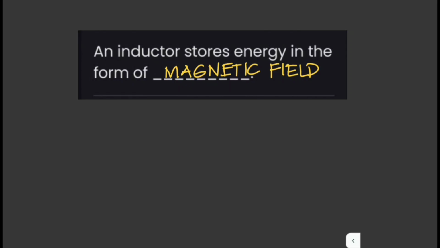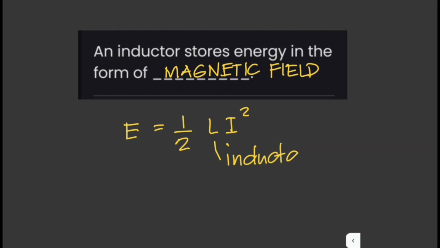And the formula of this energy stored in an inductor is: energy equals 1/2 L I squared, where L is the inductance and I is the current flowing through the inductor.